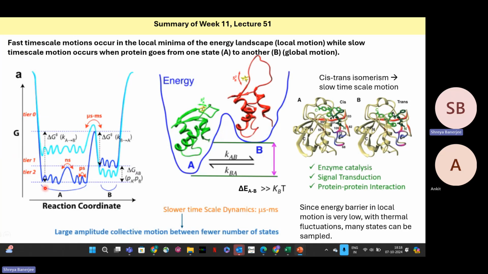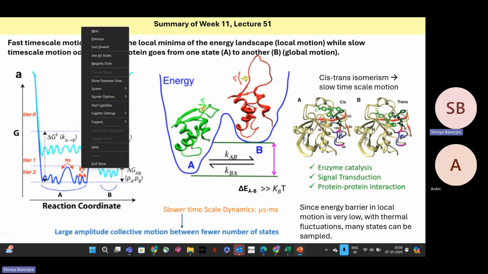So imagine this is state 1 and this is state 2. Within, you can see this is state A shown here, this is state B. Within one state, you can have certain changes in conformation due to local motion, and these are very fast timescale motions, nanosecond or picosecond.